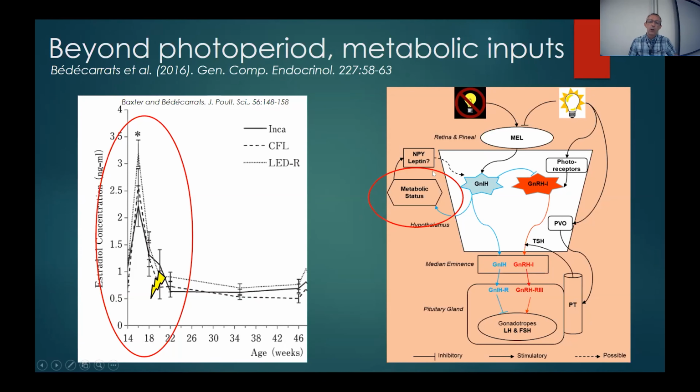And why we thought that was important to bring it in, because at the same time, some other studies have shown that that inhibitory peptide of the brake pedal was actually a neuropeptide that could stimulate feed intake, and hence, as it stopped reproduction, was stimulating feed intake for the purpose of growth and potentially for the purpose of building up some reserves. So here we already had some hints that in fact there may be more integration between the metabolic status and the photoperiodic control at the level of the hypothalamus.